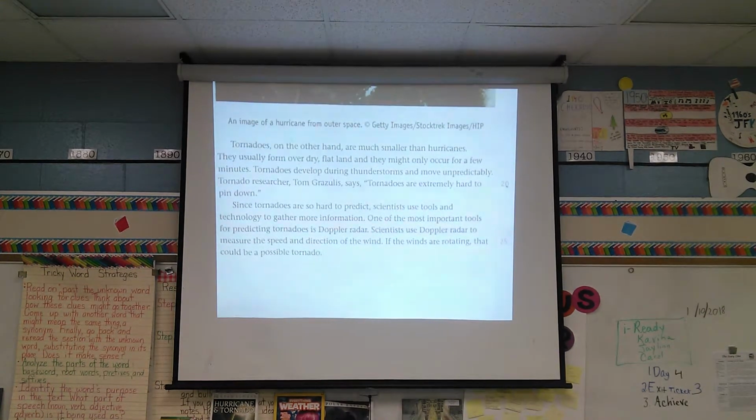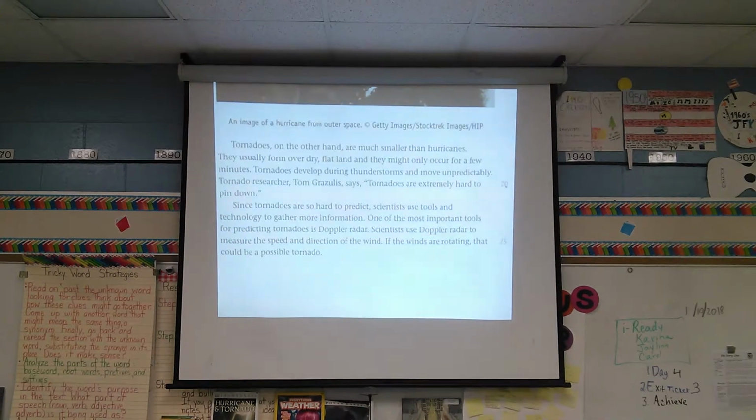Okay, so if we just look at lines 20 and 21, as a reader, you're not just reading the information in order to learn something, but you're also reading and paying attention to the way in which the author is trying to teach you something.